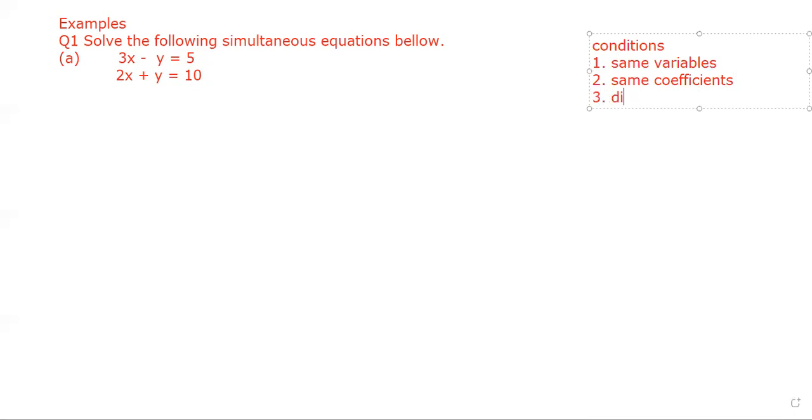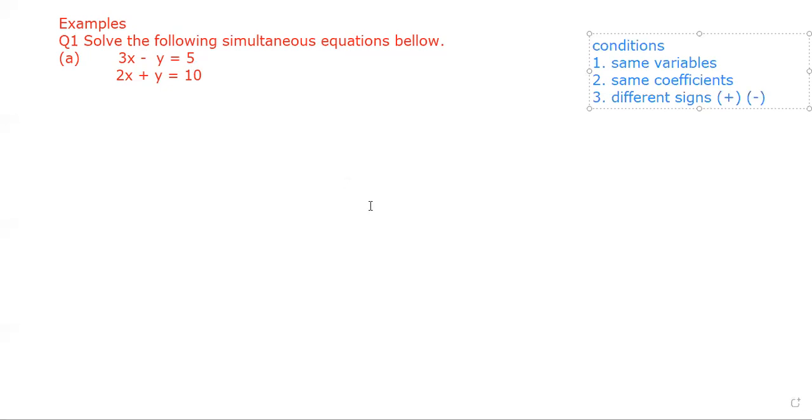And then the last one is that there must be different signs. If we say different signs, one must be positive, then the other one must be negative. That's what we mean.